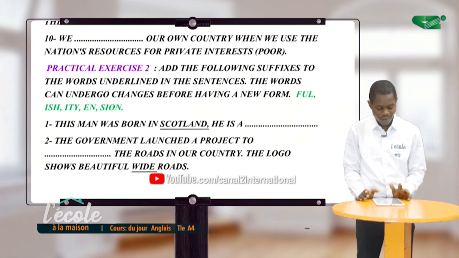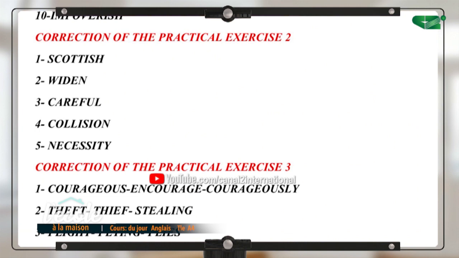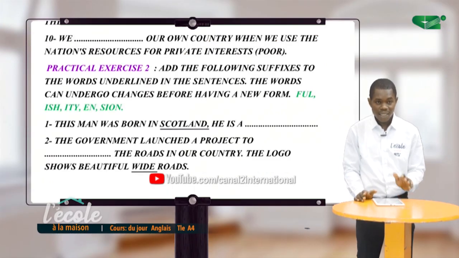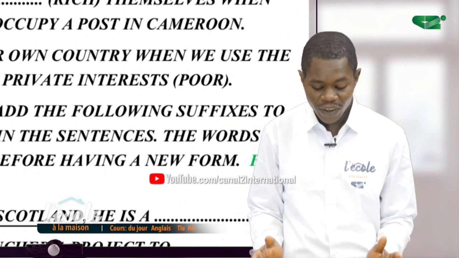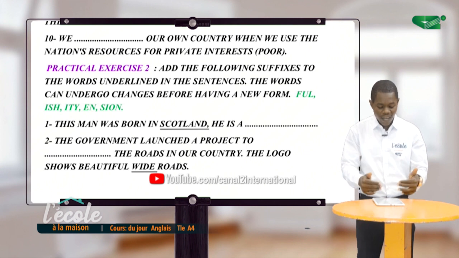Number 2. The government launched a project to widen the roads in our country. The logo shows beautiful wide roads. The word on the line is wide. In that case, what do we do? We saw in the list of suffixes that there was a possibility for us to add en. I think it is the moment for us to identify the five suffixes that have been given.